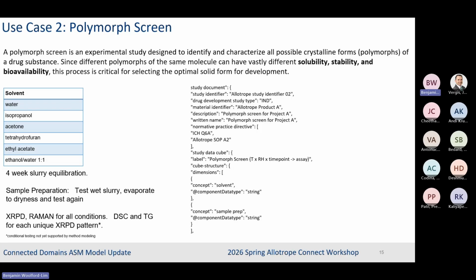And after a couple of pretty bad incidents in the past, both the pharma companies and the regulatory agencies really want to make sure you understand what crystalline forms are possible and that you're using the most stable form, right?